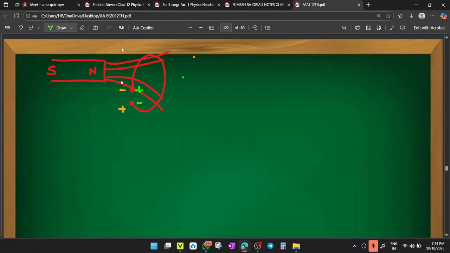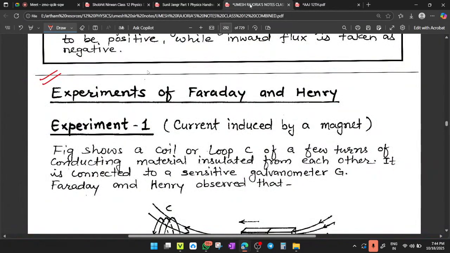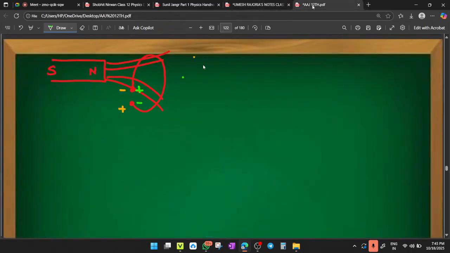All these answers can be given by Michael Faraday's experiment. So one by one, we see all the experiments done by Michael Faraday, then Henry. After performing all the experiments, we will give the most important law, that is called Faraday's law.